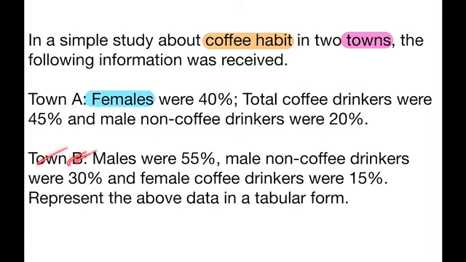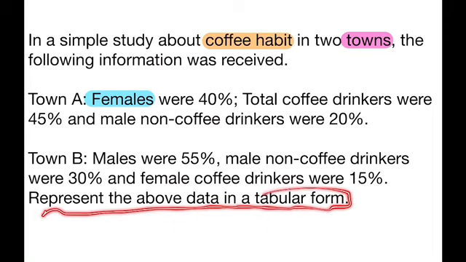What about town B? Town B, males were 55%, male non-coffee drinkers were 30%, and female coffee drinkers were 15%. Represent the above data in a tabular form.